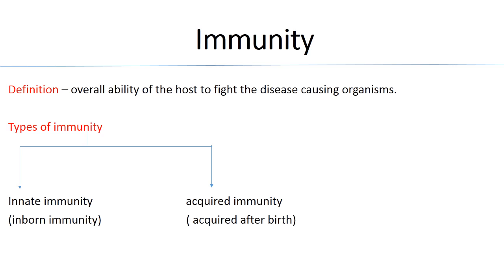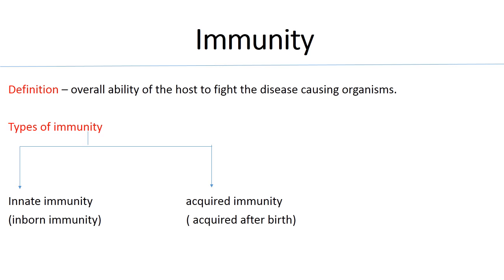Why? Because we are strong enough, we have the ability to destroy the pathogen. So this ability of our body is nothing but immunity. This is important. Immunity is the ability of the body to fight against disease causing pathogens. Who is giving this ability?